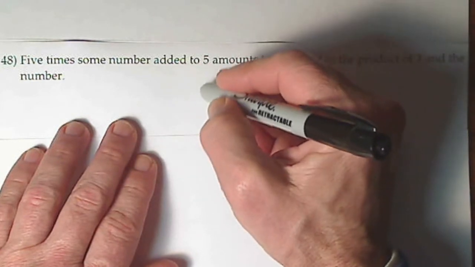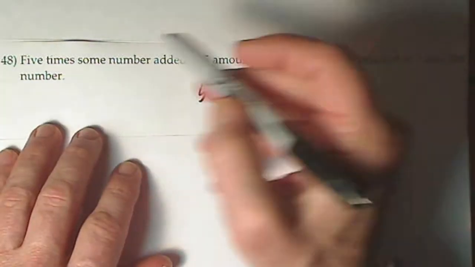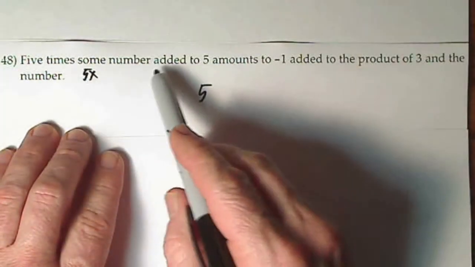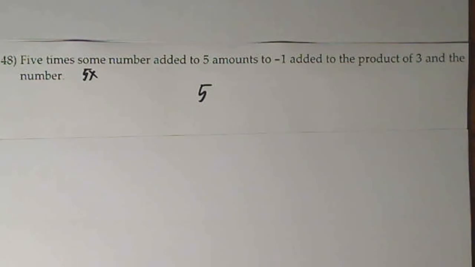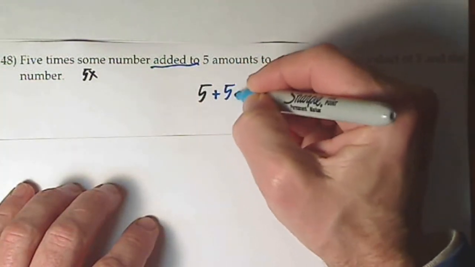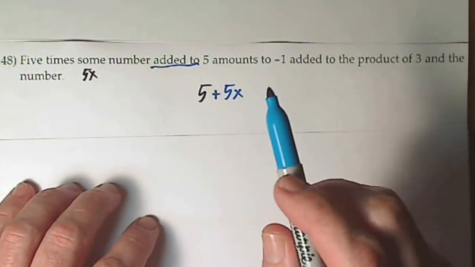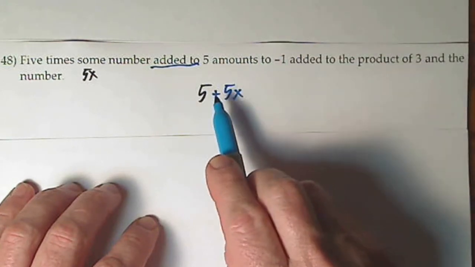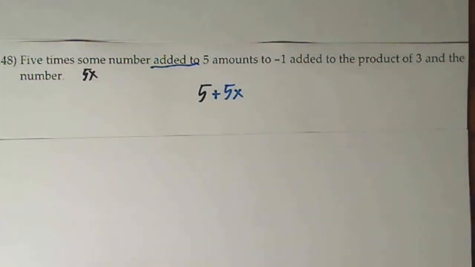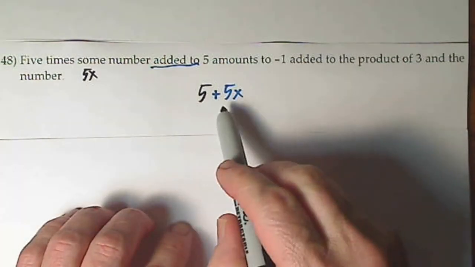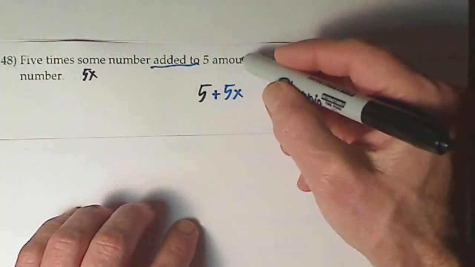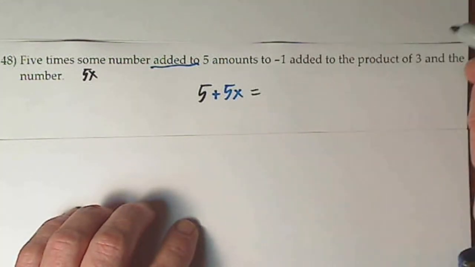Here's our 5, right there. 5 times some number, well, that's going to be a 5x, but because it's added to, this is 5 times some number added to 5. Then, because it's being added, it's not of much consequence, but if this was involving subtraction, that would be more important. Amounts to, that's our equal sign.